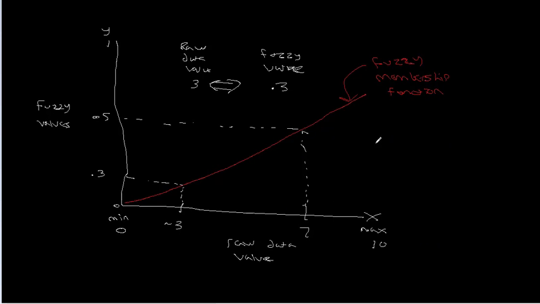So in this case, we also say we have 7 maps to 0.5. And literally all I'm doing is just basic graph interpretation. Look at a value on the x-axis, figure out where it hits the function, figure out what the y would be. And this is how we're going to communicate this idea of fuzzy membership functions.